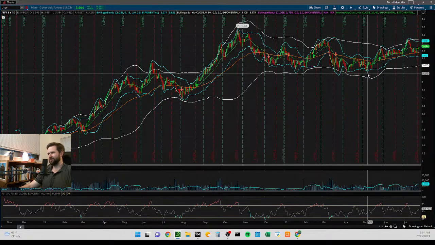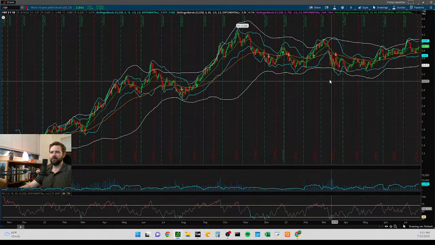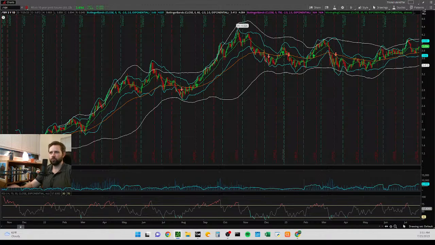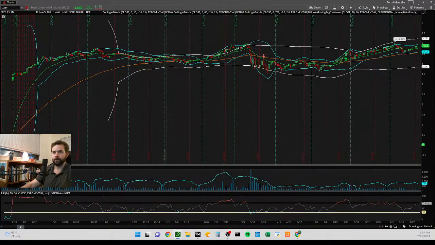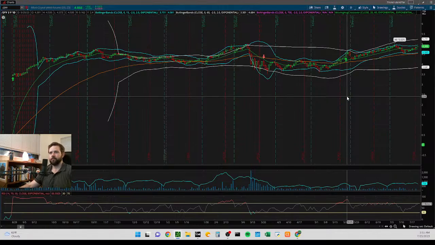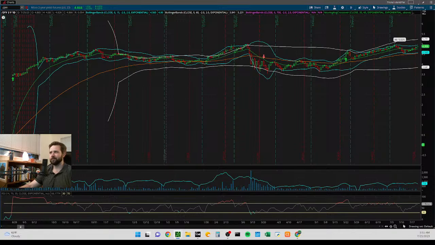It's close to the top end of its range. This kind of looks more neutral than the 2-year. Maybe it could just be computer optics there, or Thinkorswim optics, but maybe not. I don't know.